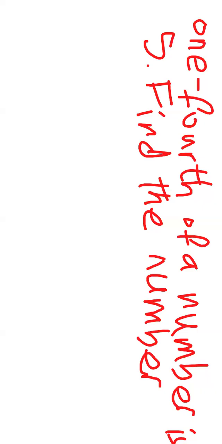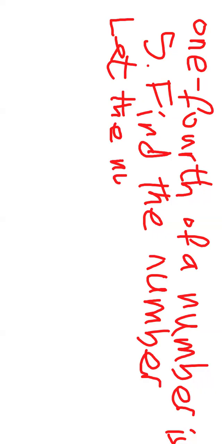To use an algebra method, the first thing we'll start with is let the number be, well, most people love to use x, so we could just say x, right? Now, the question said 1/4 of a number is 5.